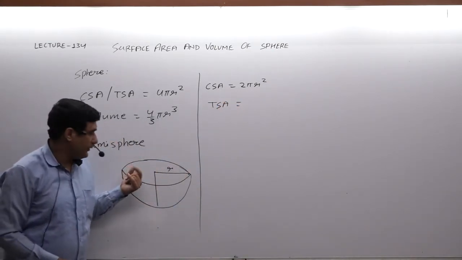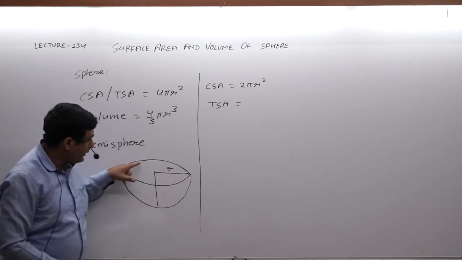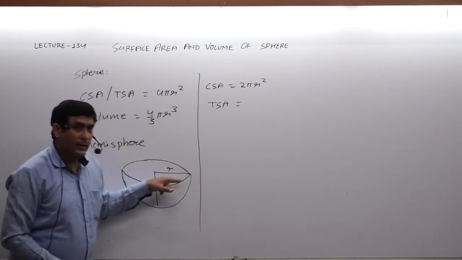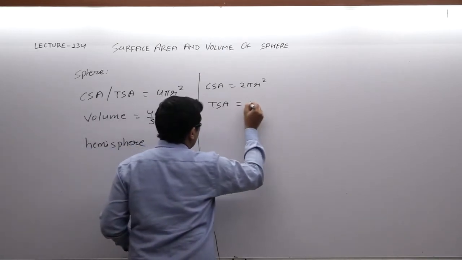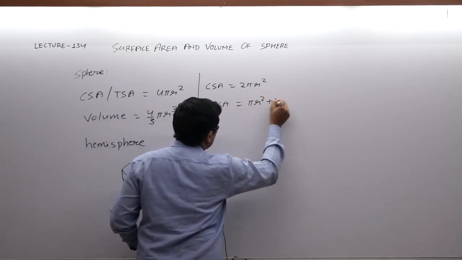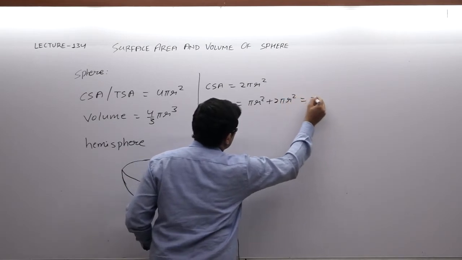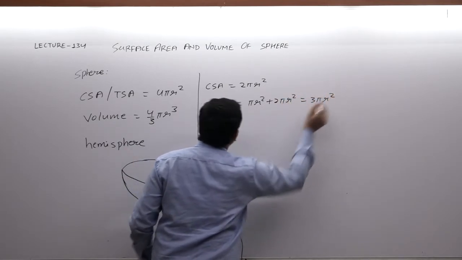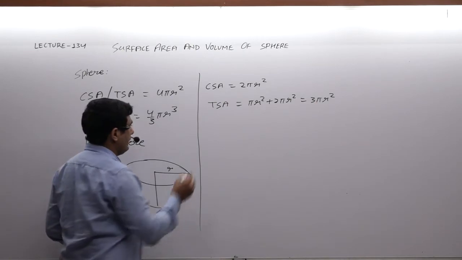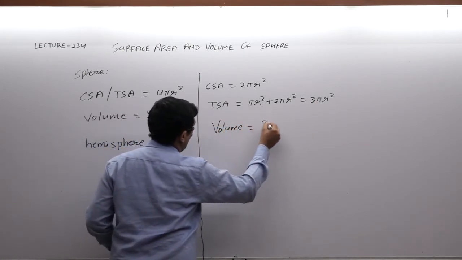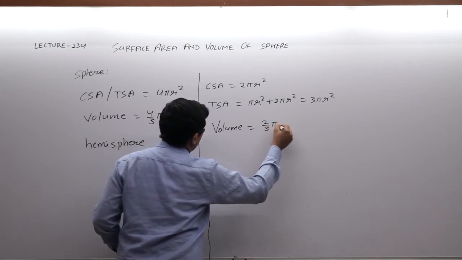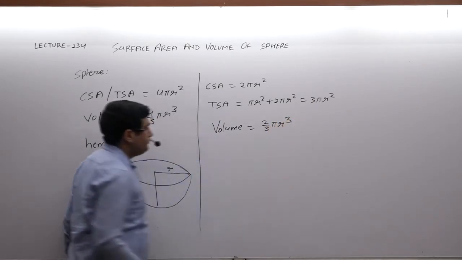So here total surface area will be this pi r square, since the flat surface is in the shape of a circle, plus 2 pi r square. So if I add pi r square in 2 pi r square, I will get 3 pi r square. That is the TSA of the hemisphere. Now its volume will be half of the volume of the sphere, 2 by 3 pi r cube.